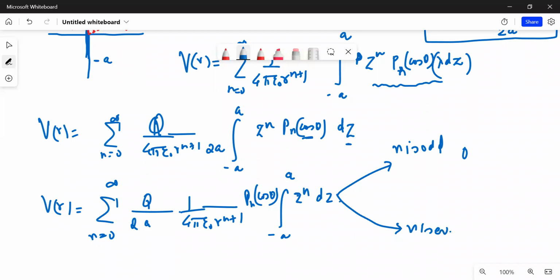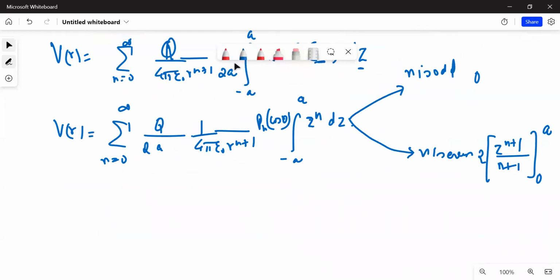And if n is even, certainly this integral would correspond to z की power n plus 1 divided by n plus 1, and 2 times from 0 to a. Is that clear? बचपन वाला, अगर n even होता है तो this is 2 times integration 0 to a f(z) dz. So instead of f(z), you have z की power n. Is that clear? So in totality, your potential as a function of r can be expressed as, n belongs to even integers, even natural numbers.